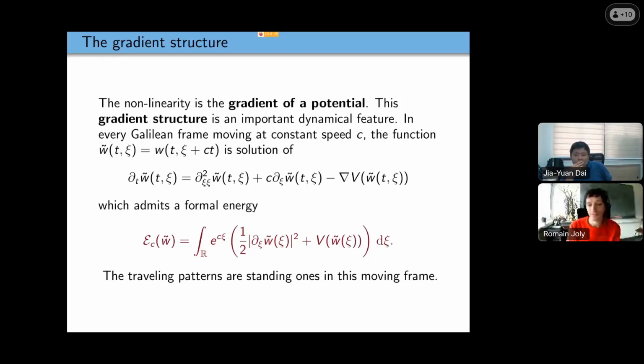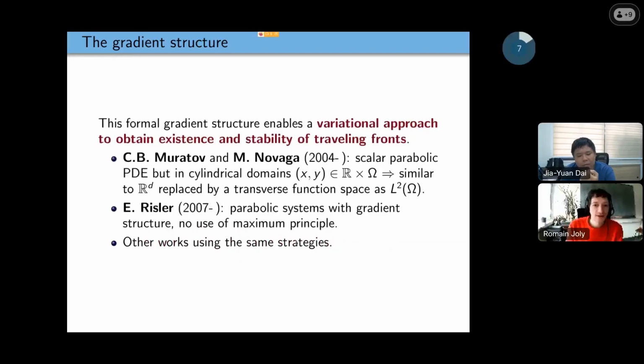It's more a formal structure, but there are techniques to use this. For example, you may truncate this energy, you may approximate this energy by another one, and things like that. So there are several works which use this energy to obtain properties for this kind of PDE. For this, I'm aware mostly of two groups of people. One is around Muratov and Novaga.